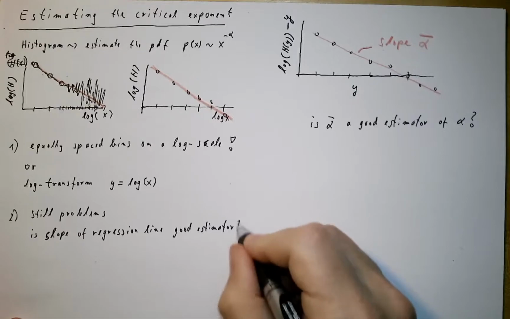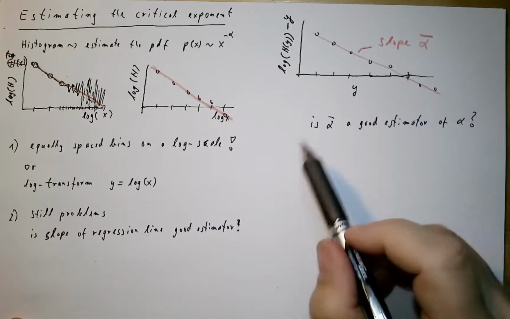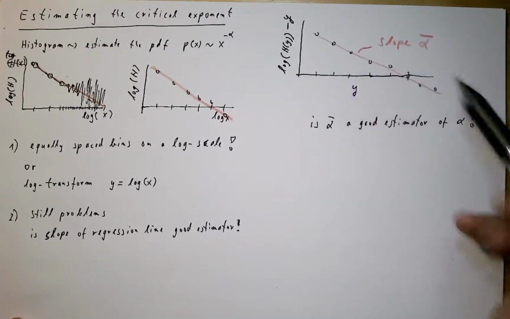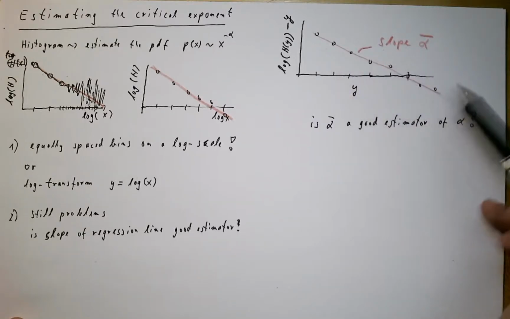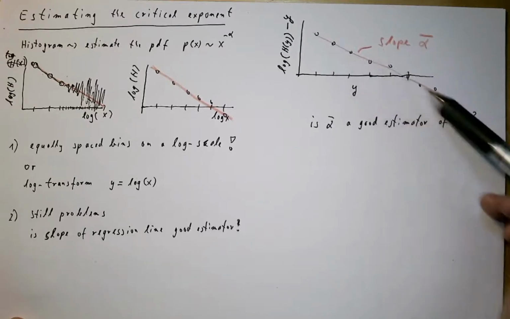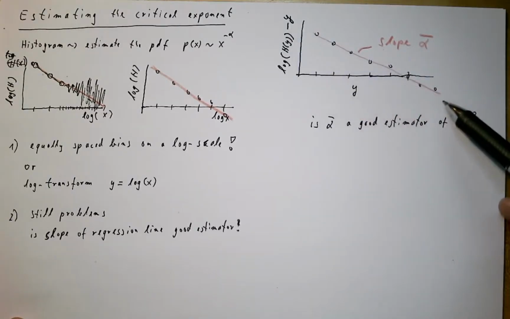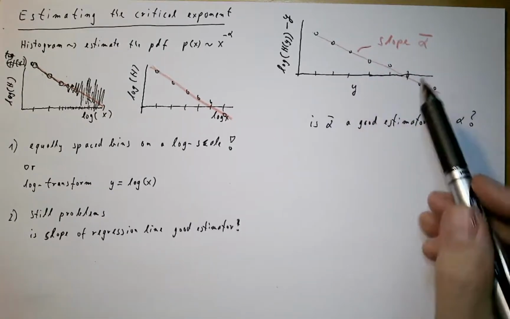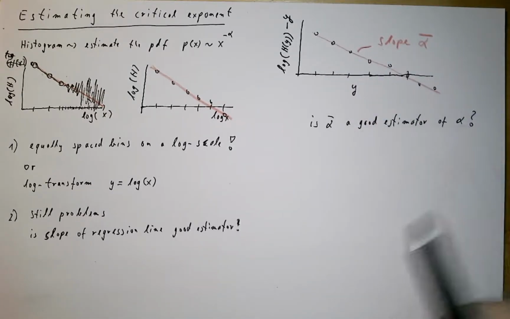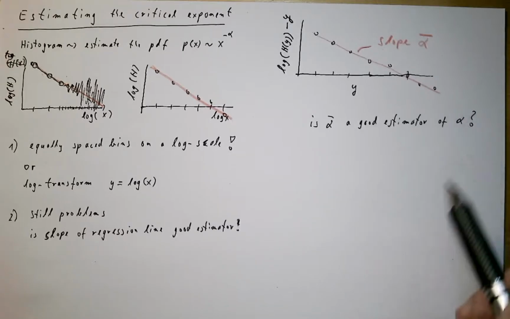From my experience, it's not the best estimator of the critical exponent, but it's in the right ballpark. If you do this and you find a straight line and get an alpha that you estimate from the slope, it's at least in the neighborhood of the real alpha.